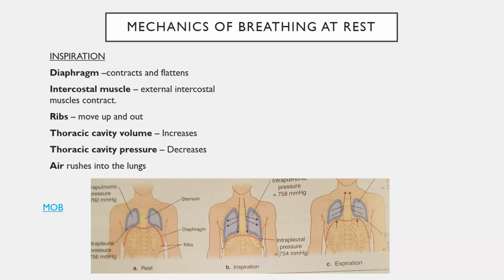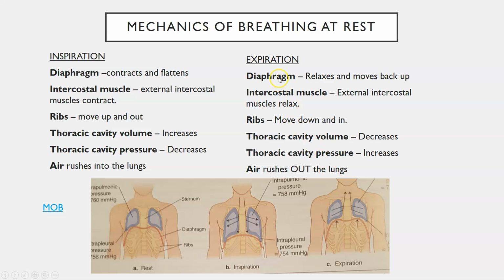The ribs move down and in, as opposed to up and out. Because they move down and in, look at that volume there, it's decreased. So the thoracic cavity volume decreases. Because the volume has decreased, the pressure in there is greater, so the pressure has increased, which means that air rushes out of the lungs. So it's just the opposite to inspiration.